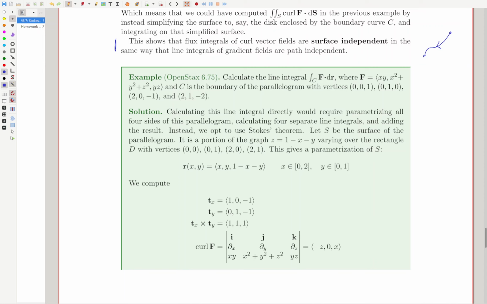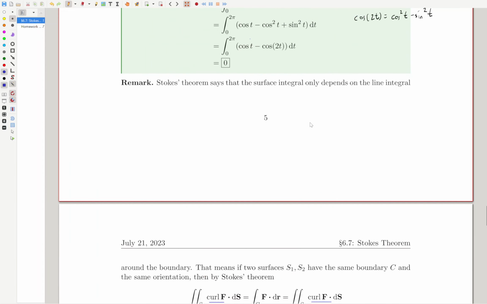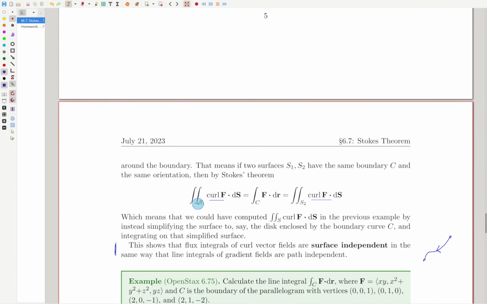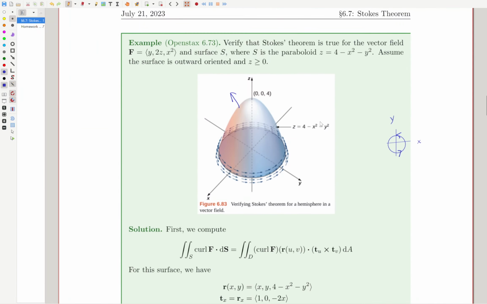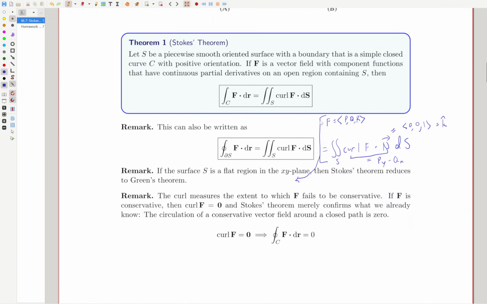Usually when you invoke Stokes' theorem, there can be a bit of a trade-off. I should have mentioned this earlier, but let's look at it from here, because this more easily shows the trade-off.